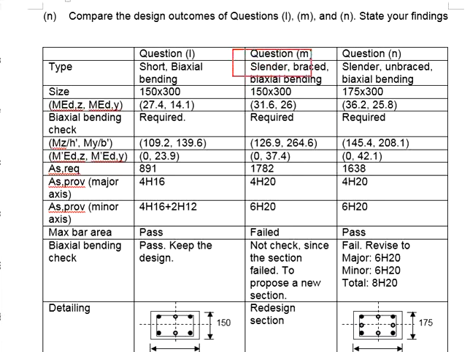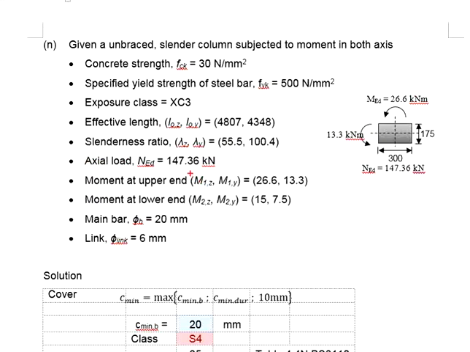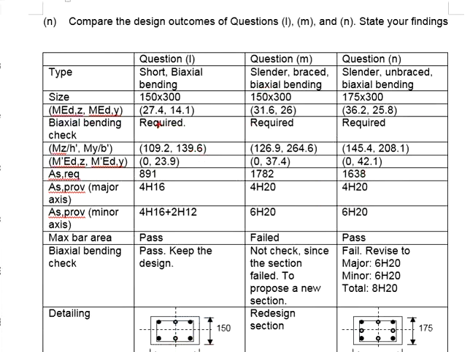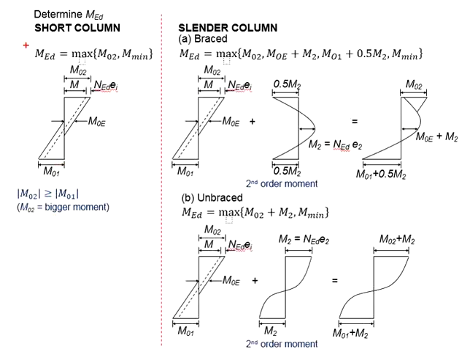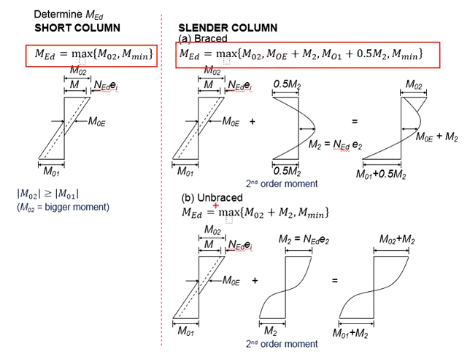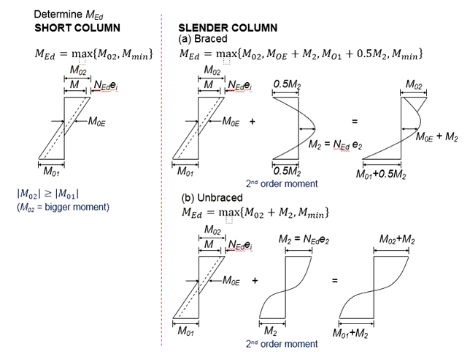As for the slender braced column and the slender and unbraced column, we also do the same to determine the MED. Having the same set of moments acting onto the column, the calculated MED differs by the column type. This is mainly due to the equation used to determine the MED.